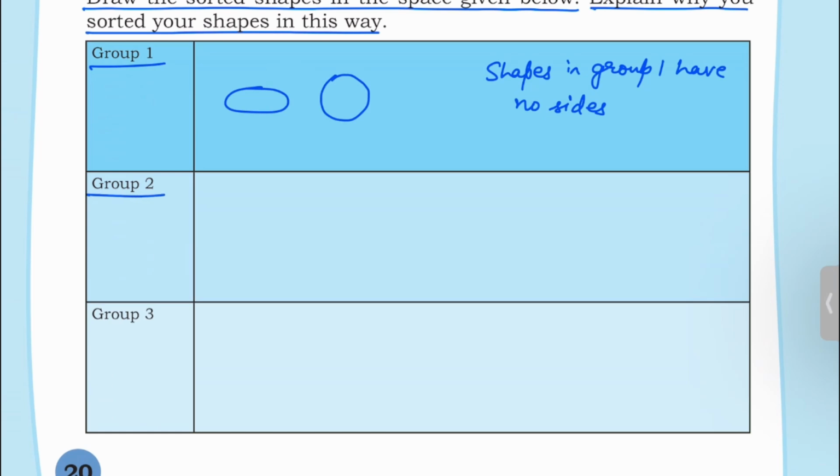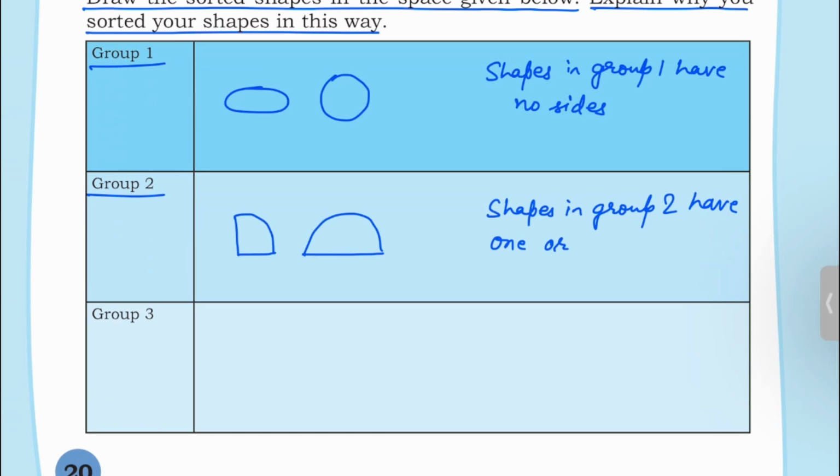Group 2. You can place shapes that look like this. Shapes in group 2 have one or two sides. Group 3.